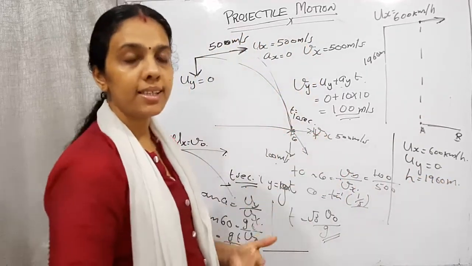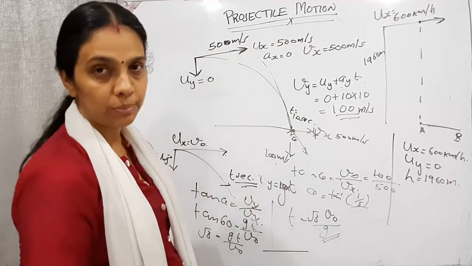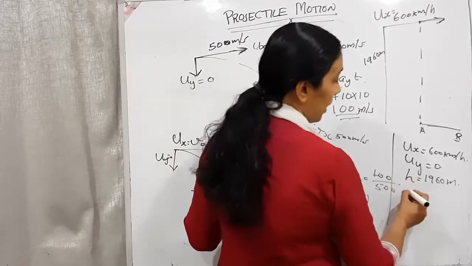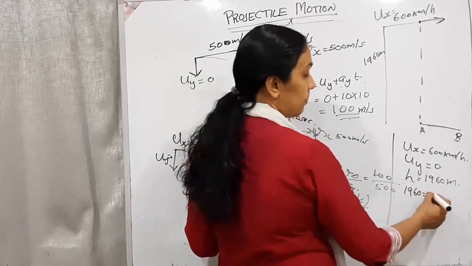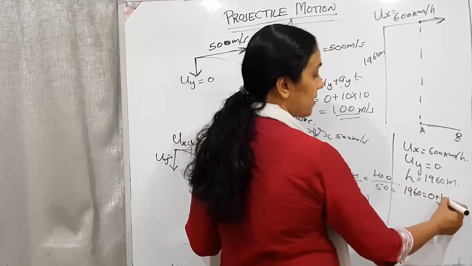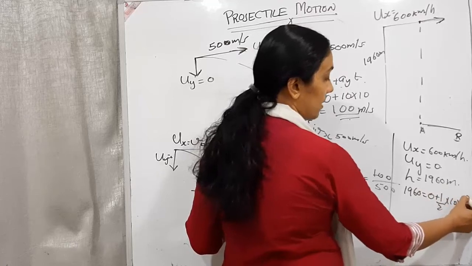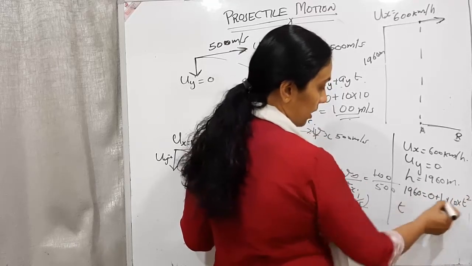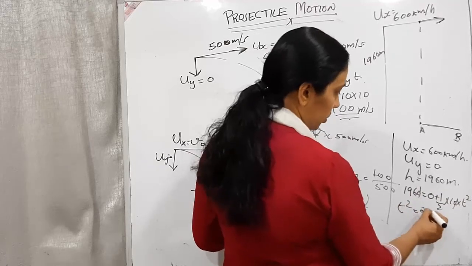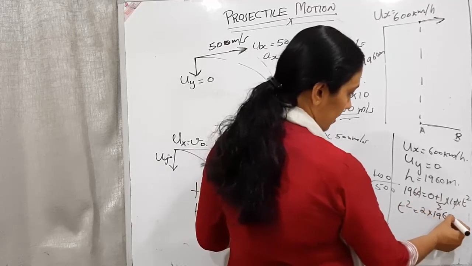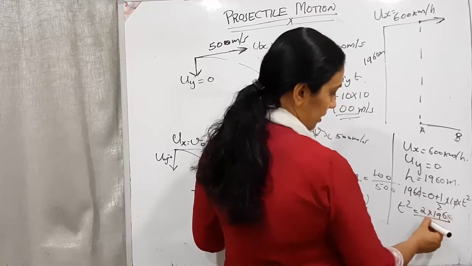Then we can substitute the formula S equals ut plus half at square. Therefore 1960 equals uy t plus half, a is 10, t square. So here we will get t square equals 2 into 196 divided by 10.